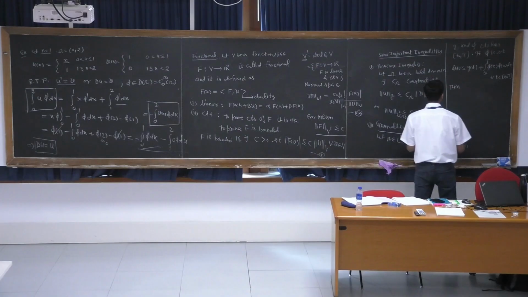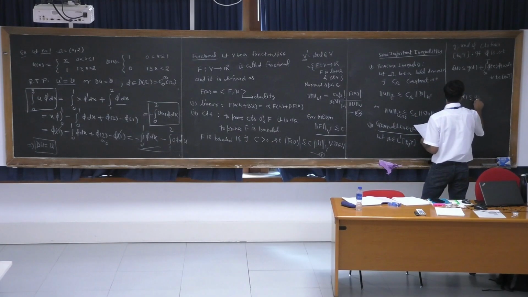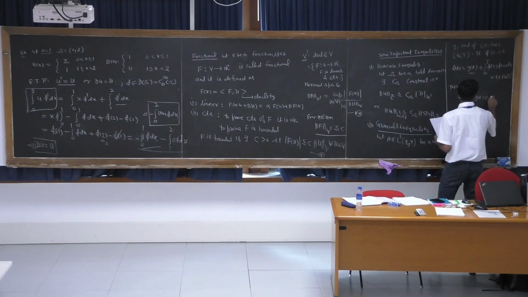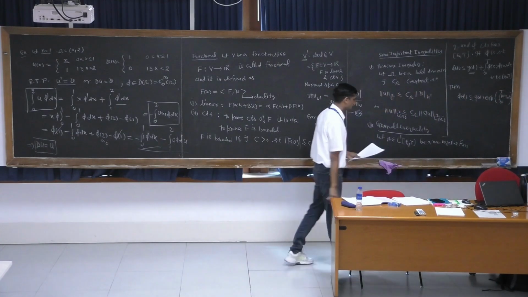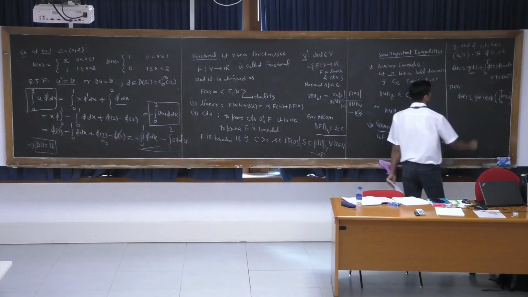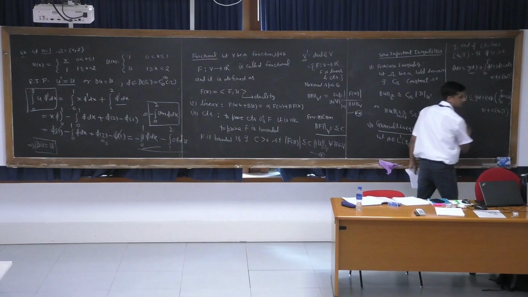Then we can write phi of t is less than or equal to g of t times the exponential of the integral from t naught to capital T of a of ta d ta. This will happen for all t belonging to this interval.